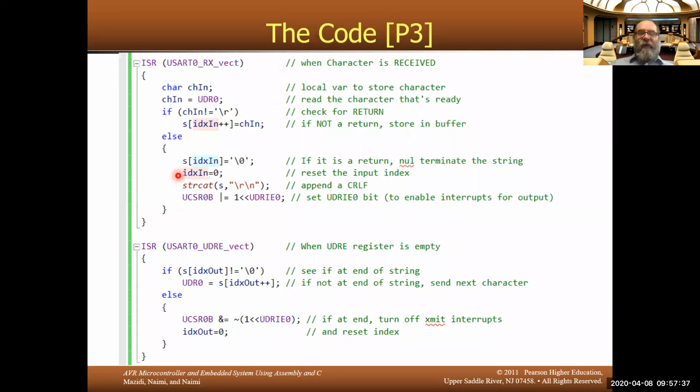That is so if when I get out of this routine I immediately get another interrupt, that would actually cause a kind of a problem. But given how fast this runs, it shouldn't be a problem. I add a carriage return line feed onto this, and then look at this line. This is kind of a really cool magic line.